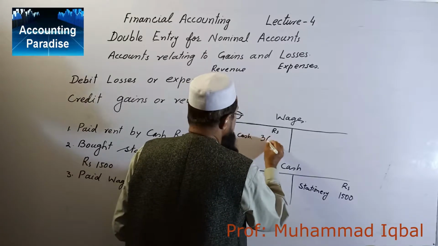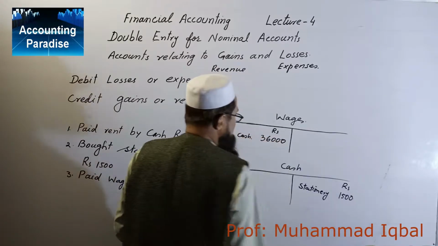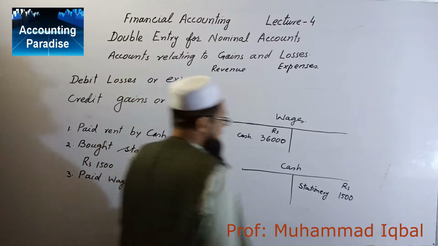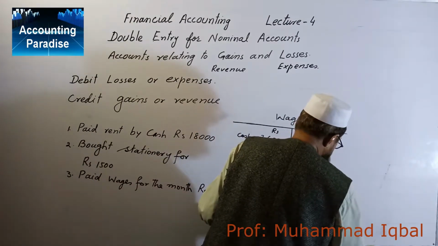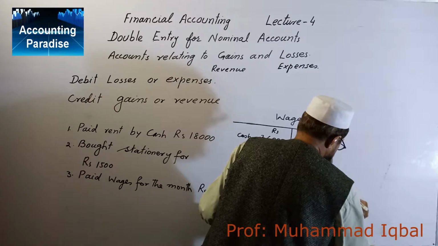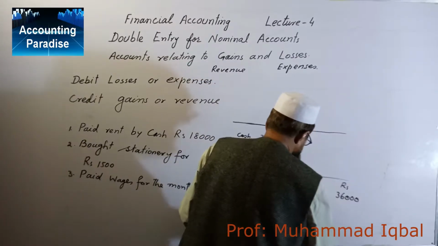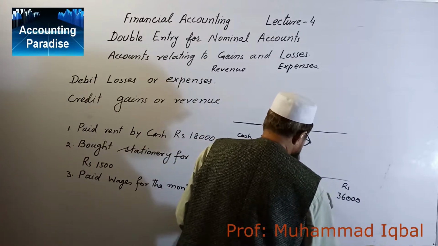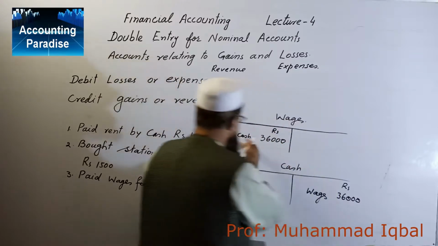The account of wages will be debited for rupees 36,000 and the cash will be credited for rupees 36,000 and the contra would be wages and cash.